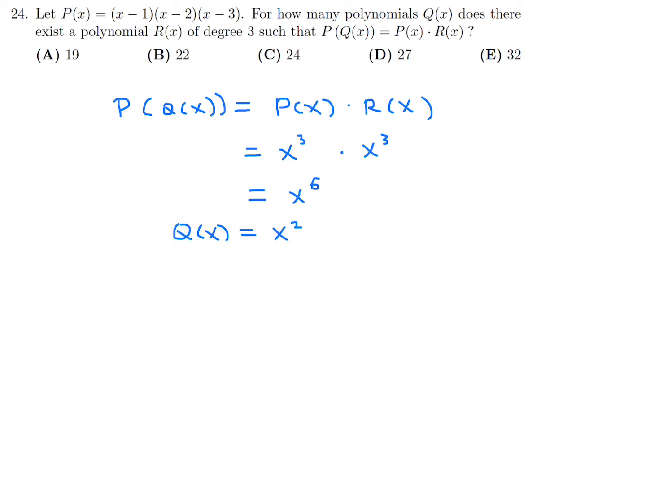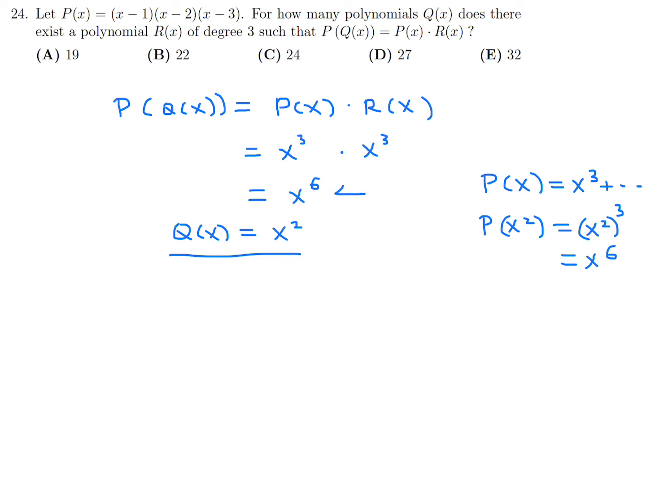Because if you're going to put Q(x) into P, remember P(x) is a third degree polynomial, something, dot, dot, dot. But if you put a second degree polynomial in there, which is what Q must be, this will become x squared to the power of 3, which is x to the power of 6, matching what it needs to be.